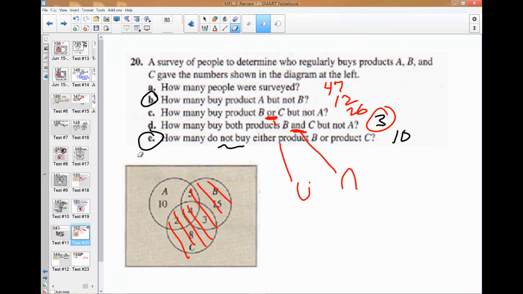Number 5. All right, number 5. Any others you guys want to put in the queue?